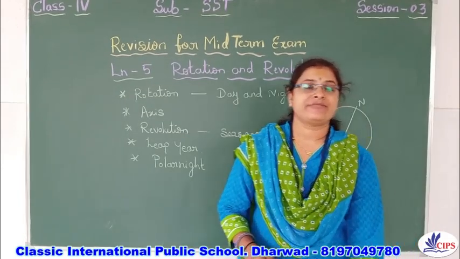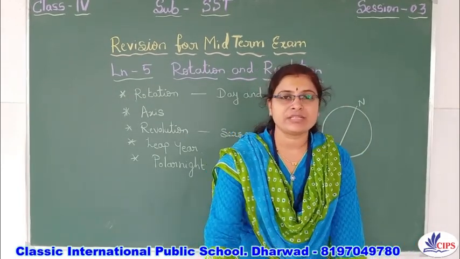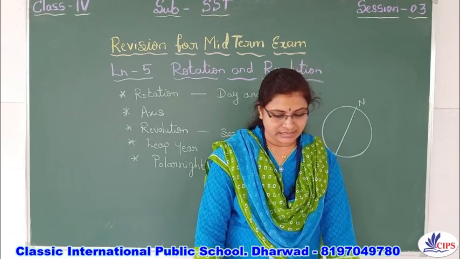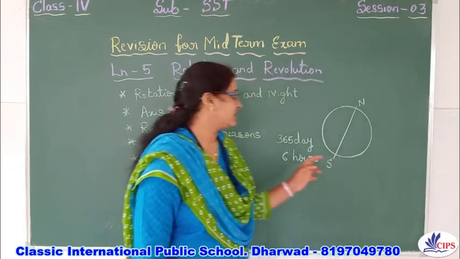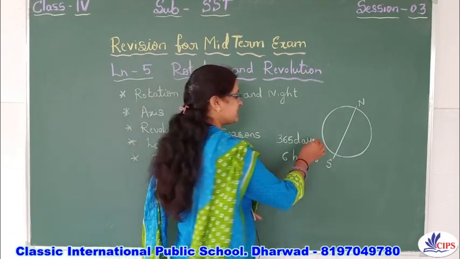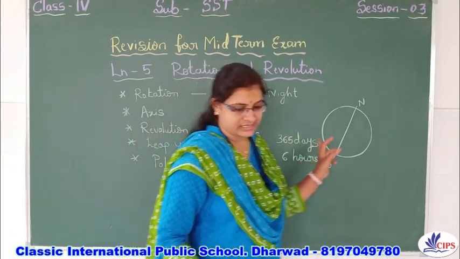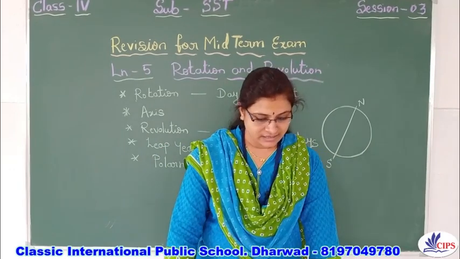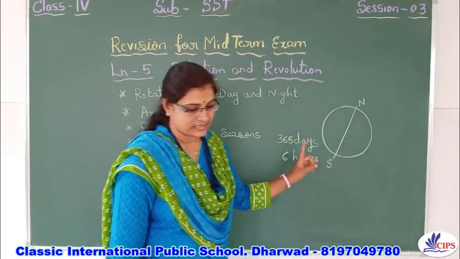Why do we have the leap year, children? What do you mean by the leap year? We already learned that the earth takes 365 days and 6 hours to revolve around the sun.